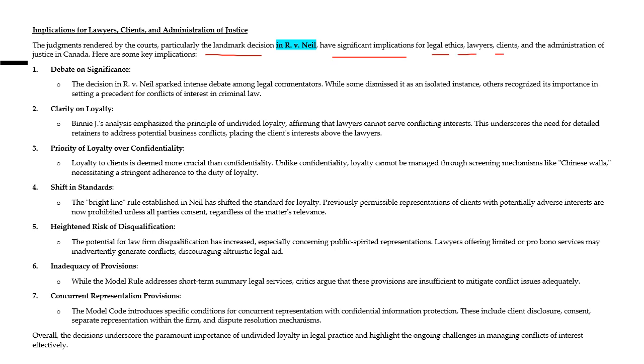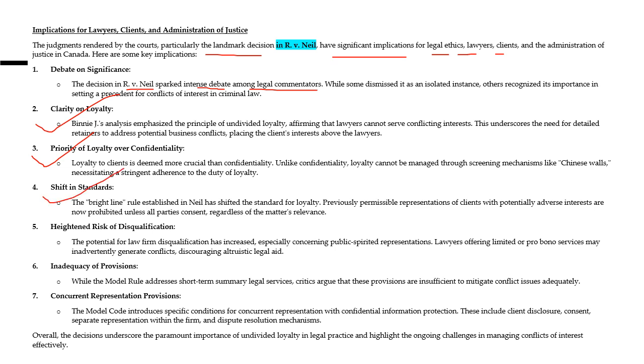of justice. So firstly, the R versus Neal case sparked intense debate among legal commentators. As we talked about earlier, a few gave their criticism, a few suggested that okay, this is a good decision. Then we got clarity on loyalty. Then we saw priority of loyalty over confidentiality.